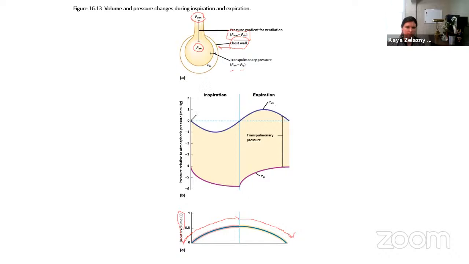So this top line here is the pressure in the alveoli. You can see it's going down during the first half of inspiration, then increasing during the second half. And then during expiration, we have the reverse of that curve. If we look at the pressure in the intrapleural space, you can see that pressure is decreasing, becoming more negative as we breathe in. But then as our chest wall relaxes and recoils inward, it goes up.